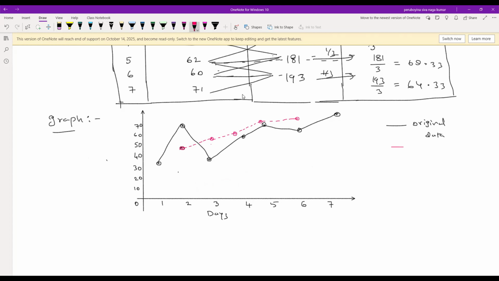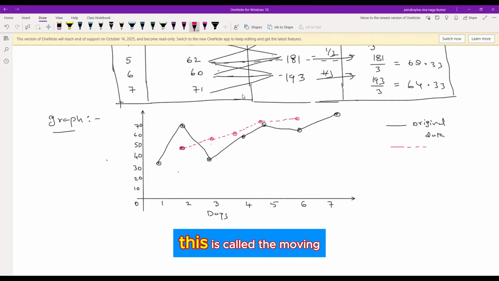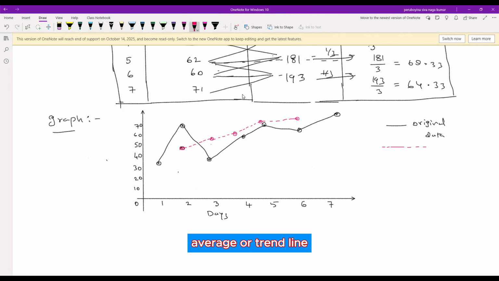So this is called a moving average, or trend line. Okay.